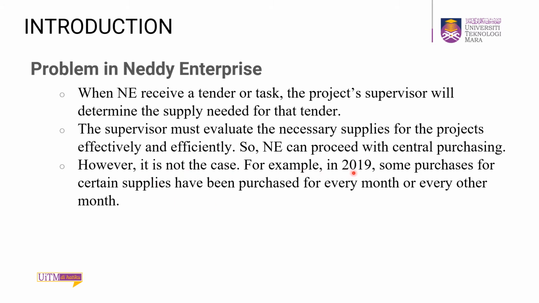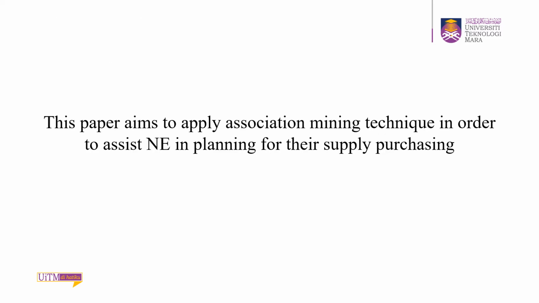For example, in 2019, some supplies were purchased every month or every other month. So we found that maverick buying happens in the enterprise. Our aim is to apply the association mining technique to assist the enterprise in planning their supply purchasing for their projects or tenders.